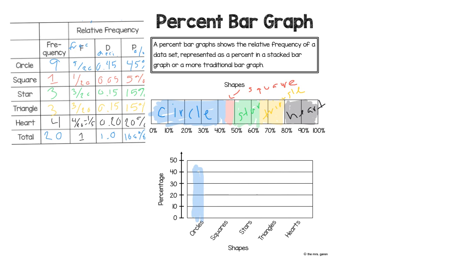Our squares would only go to 5, so it'd be nice and little down here. Our stars would go to 15. Okay. Our triangle would also go to 15. And our hearts would go to 20.